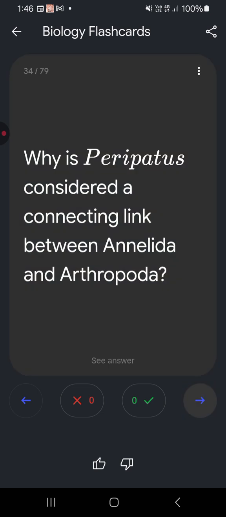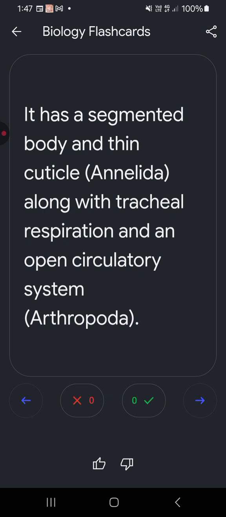Why is peripatus considered a connecting link between Annelida and Arthropoda? Peripatus, also called velvet worm, has a segmented body and thin cuticle like Annelida, along with tracheal respiration and an open circulatory system, which shows similarity to Arthropoda.